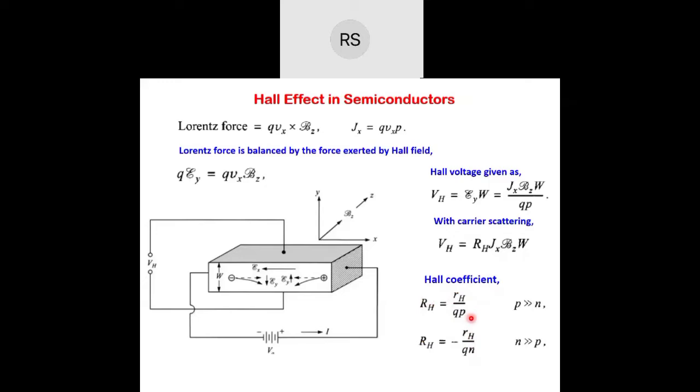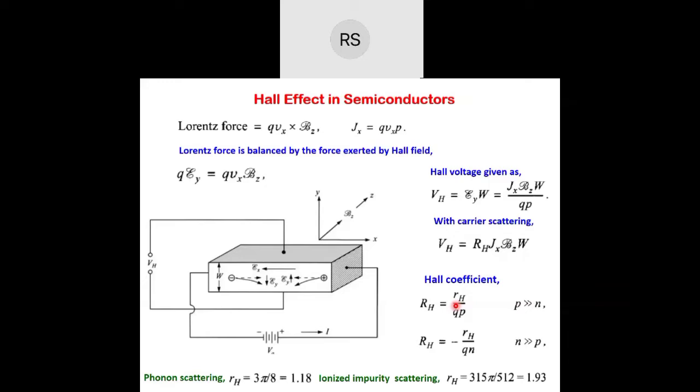So you see, Hall measurements in conjunction with the resistivity give you a lot of important things. With the Hall measurement, you measure the carrier concentration. With the resistivity method, you have calculated the resistivity. Now resistivity depends upon the carrier concentration and the mobility.